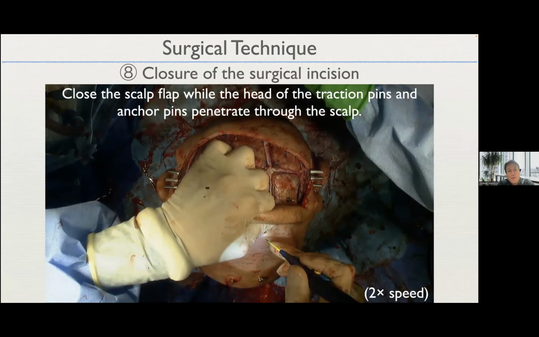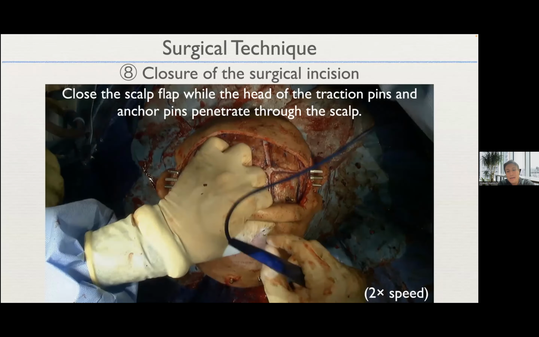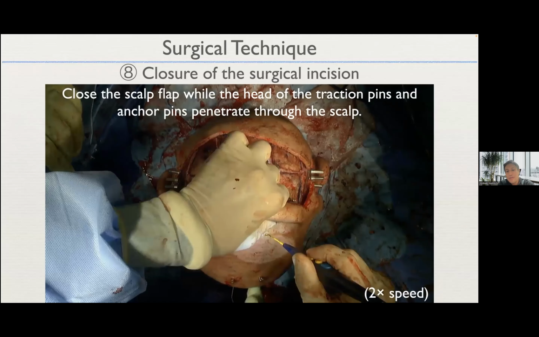We close the skull flap, while the heads of the traction pins and anchor pins penetrate through the scalp.